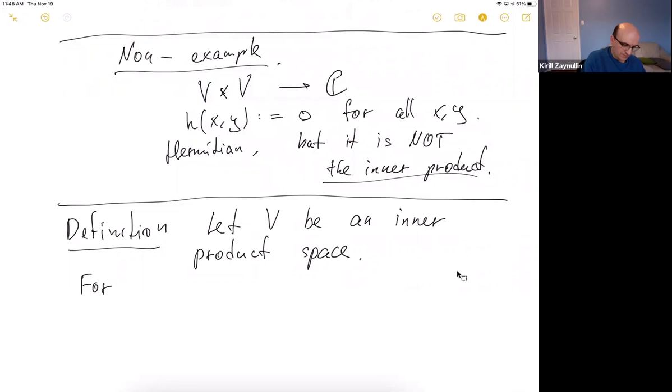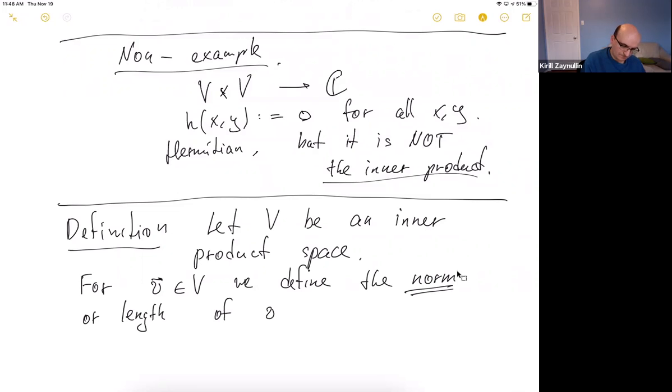For each vector v from V, we define the norm, or equivalently one can call it the length, of v by the following formula. The notation is this double vertical lines, double brackets, okay?